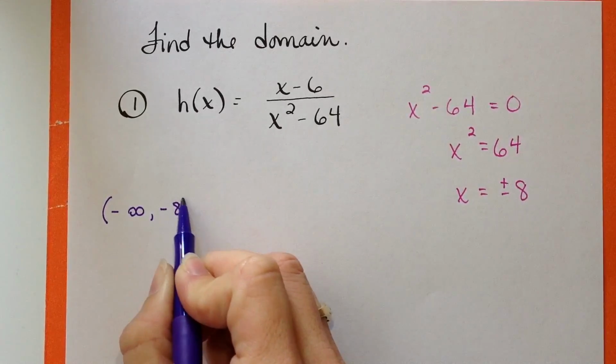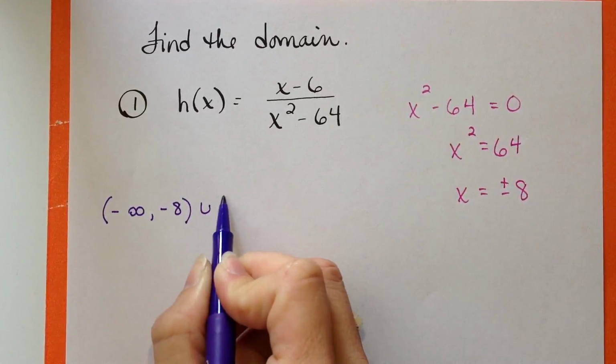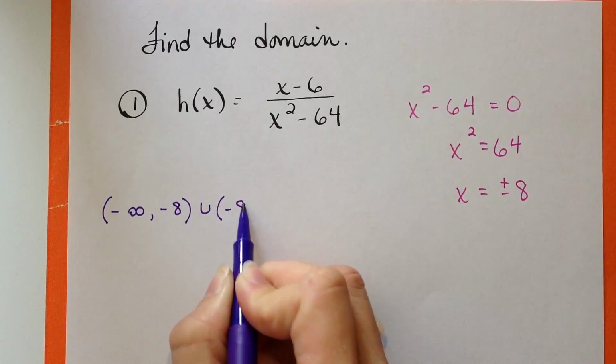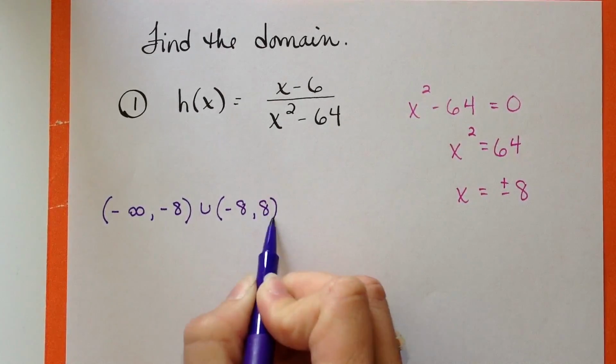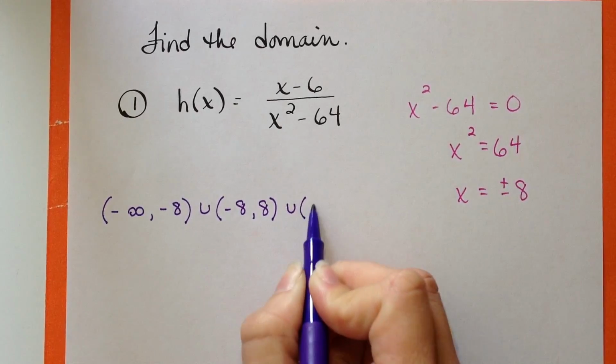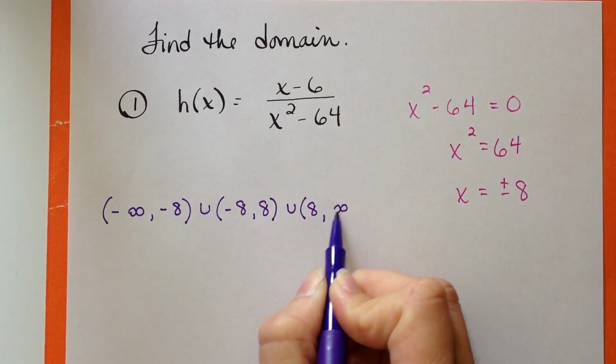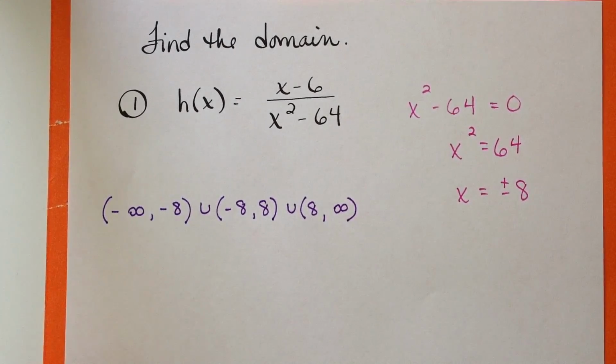So the negative 8 is going to have to be left out. Then you would go from the negative 8 to the positive 8. But then the positive 8 would have to then also be left out. So basically there's two numbers being left out, which causes your number line to be chopped into 3 sections. So therefore you would do an interval notation for each of those 3 sections.